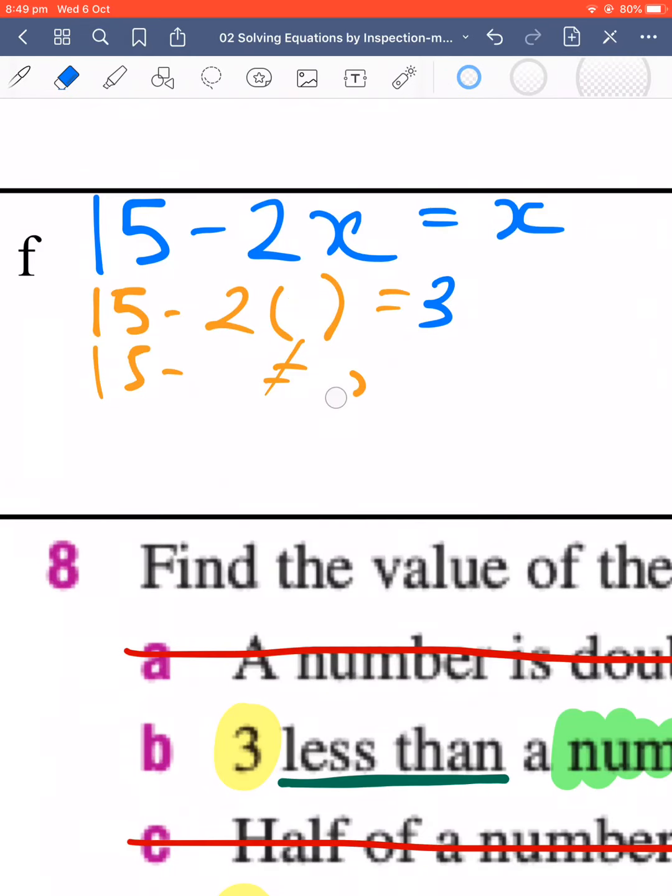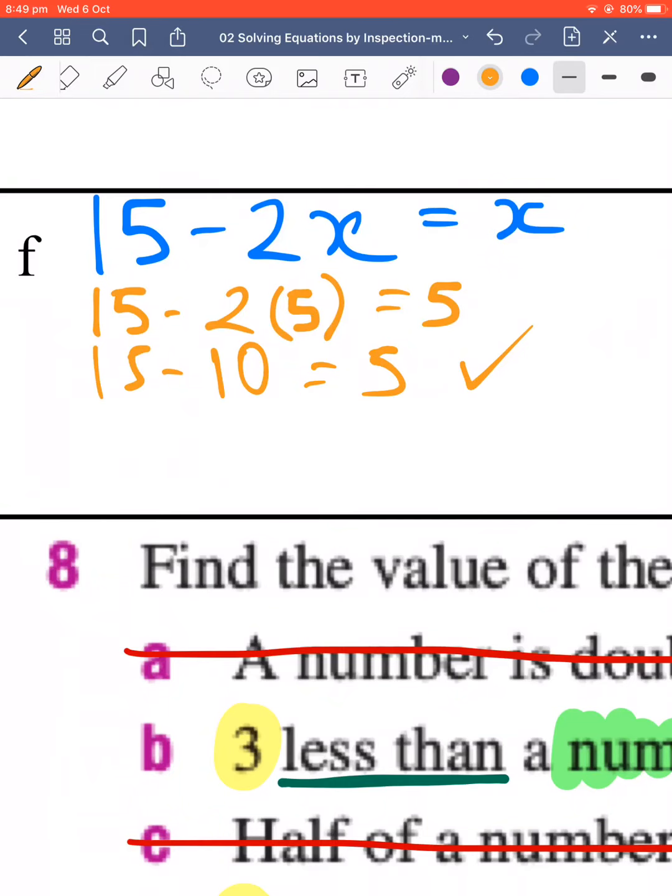We might have to make it a bit bigger. Let's jump to, say, 5. So I've said 15 minus 10 equals 5. Yep, I've found my answer, and my value for x will be 5.